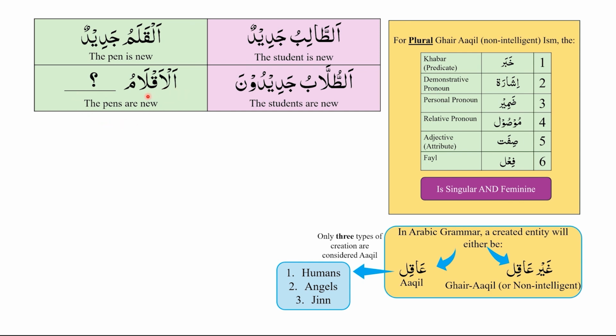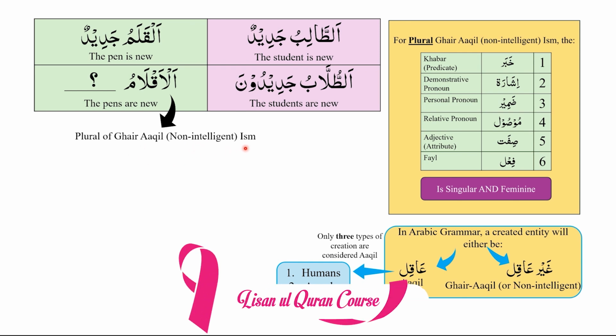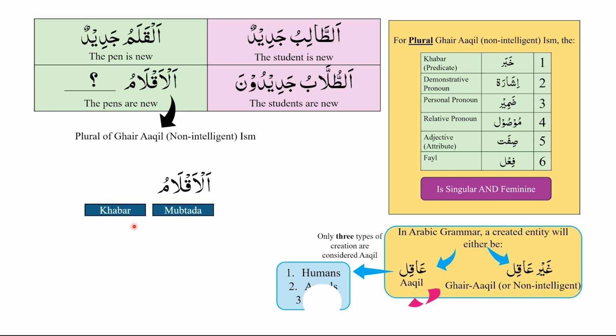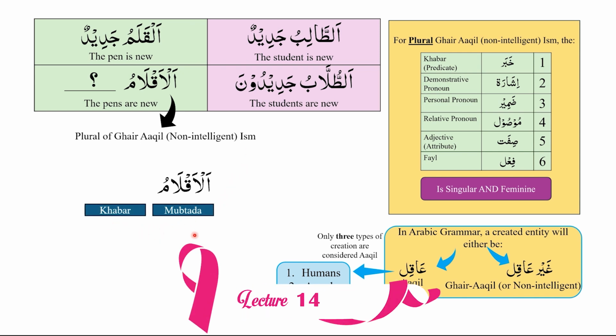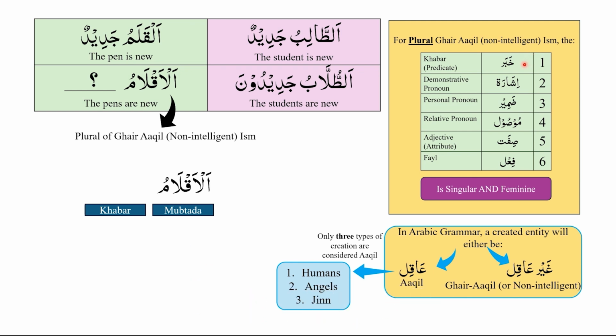Al-aqlamu is a plural of a ghair aqil ism, and al-aqlamu is mubtada. So what will the khabar be? Al-aqlamu is the plural of a ghair aqil ism, therefore the khabar will be singular and feminine.